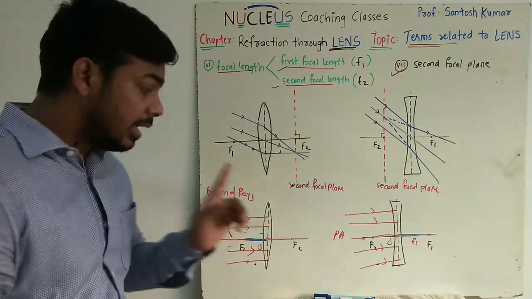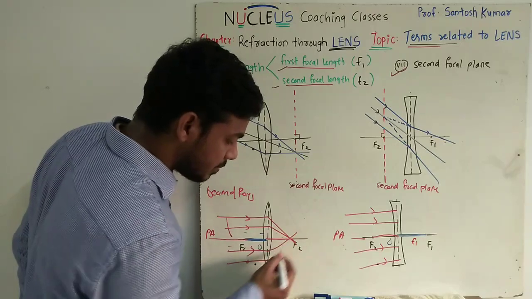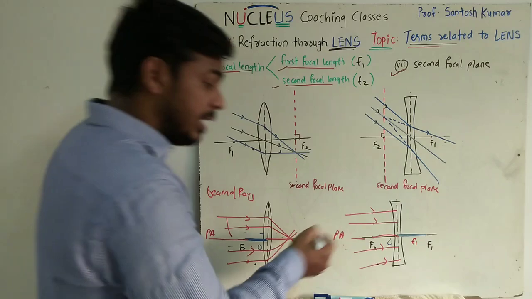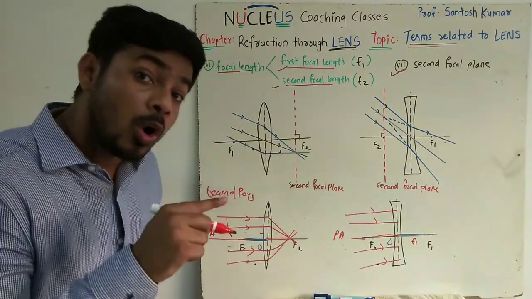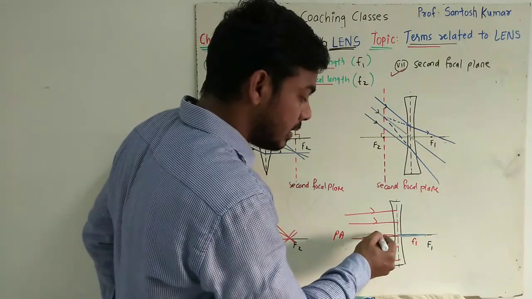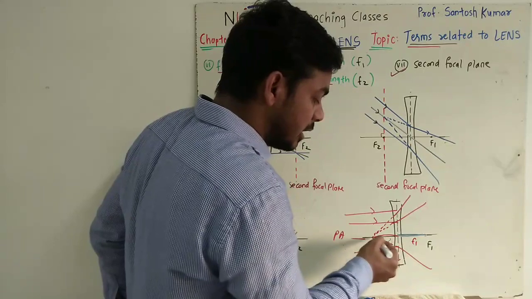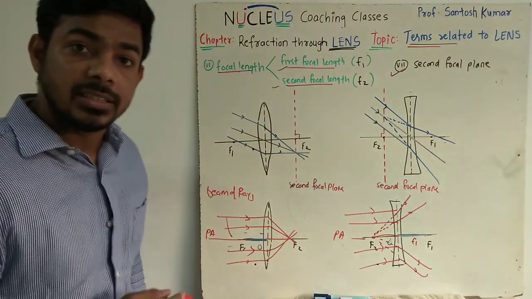And if a beam of rays travels parallel to the principal axis, after refraction from a concave lens, it appears to diverge from a point. This we studied in the previous definition.